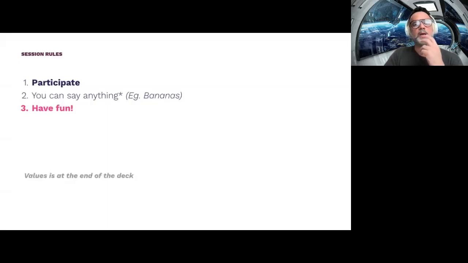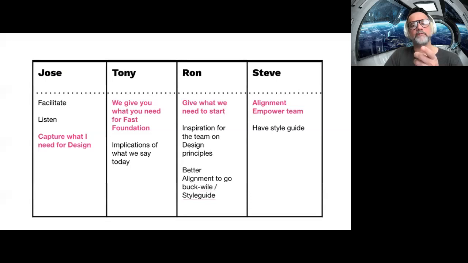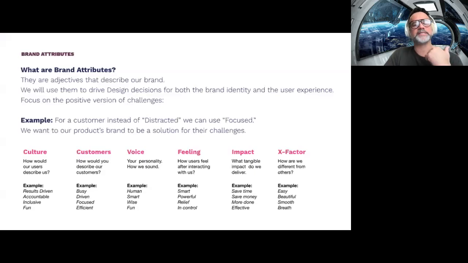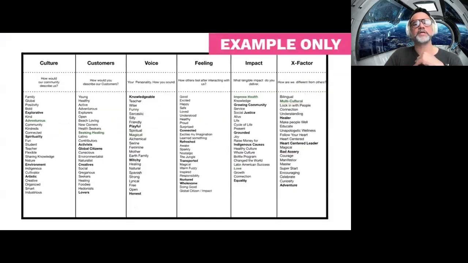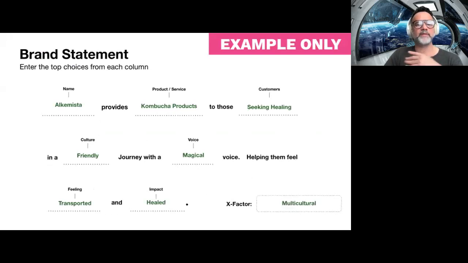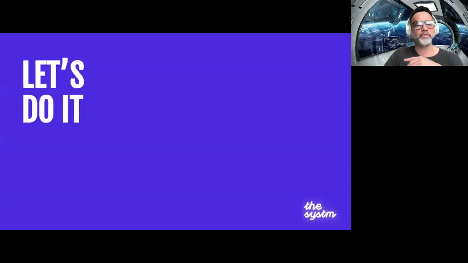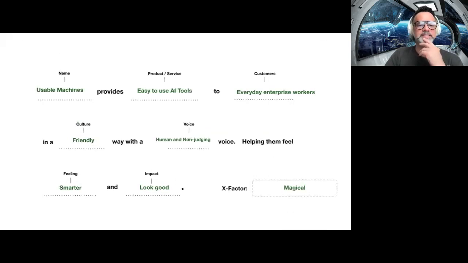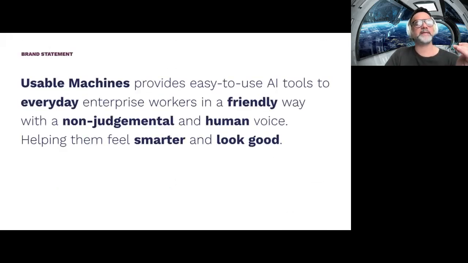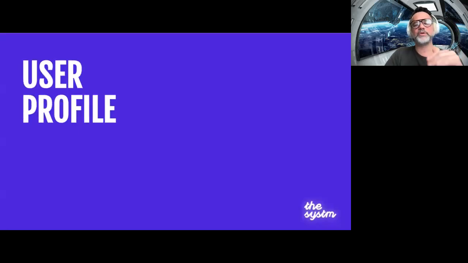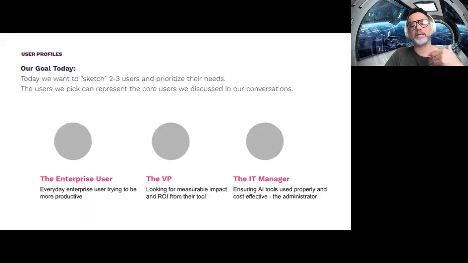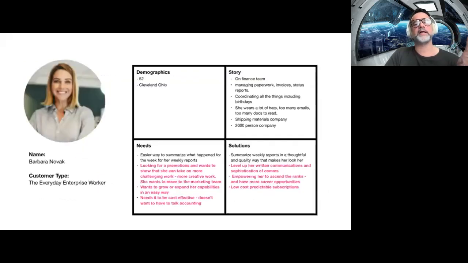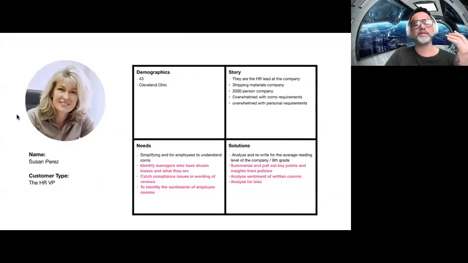So, rules, trying to get what people wanted to get out of the session, and then the different exercises, the brand attribute exercise, explaining it first, showing an example of the outcome, then going through it and doing it with them. Let's do it, and doing it really quickly because this startup is very busy, and then putting it into a quick statement with them while we're on there, and then doing the user profiles first by outlining the top three in general, and then going into more detail and doing them together, and always prioritizing them at the end.